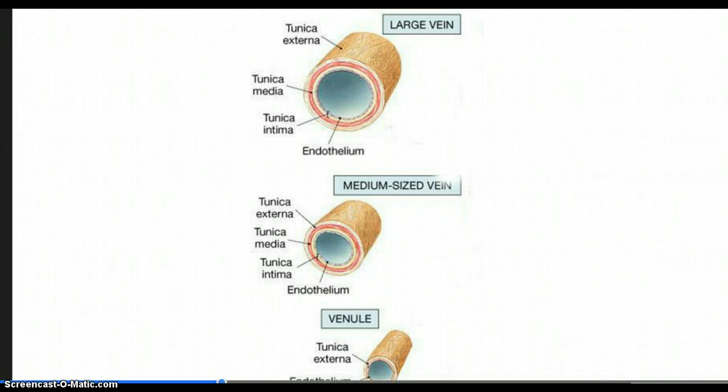This picture also doesn't show postcapillary venules, but just imagine a smaller venule, basically. And so what I was saying earlier, postcapillary venules will join together at a venule, and then venules will join together at a vein.